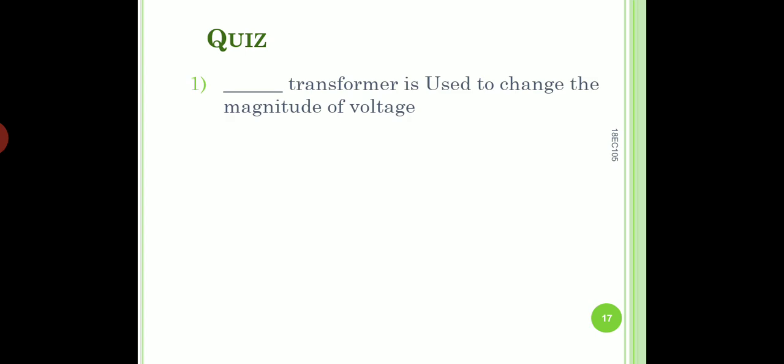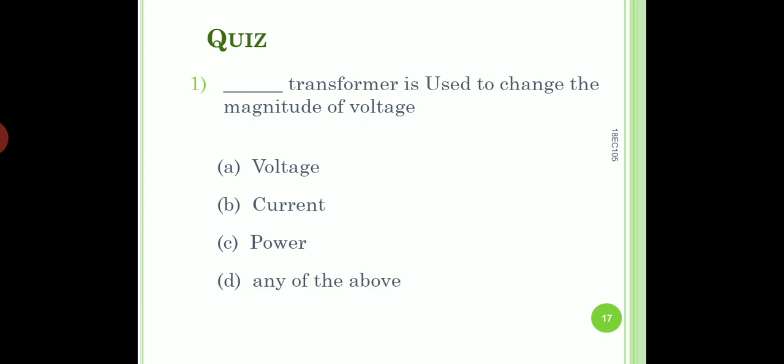Let us see a small quiz meant for our memory check. Dash transformer is used to change the magnitude of the voltage: a voltage transformer, a current transformer, a power transformer, or any of the above? That is the voltage transformer.